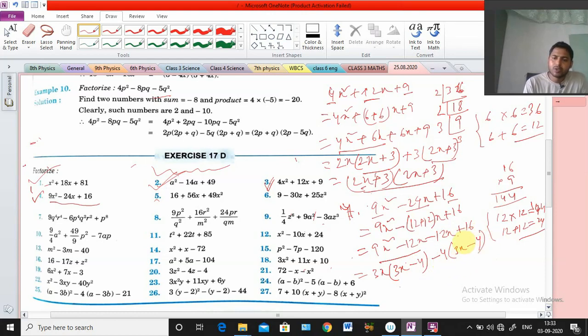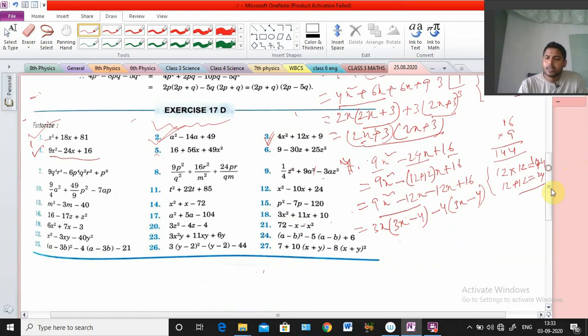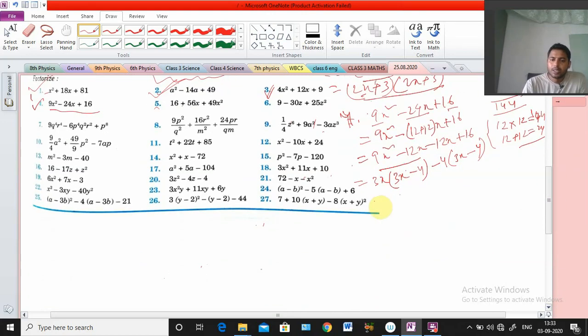Understood? Why minus? Because a minus sign was there, so we are taking minus 4 common. Taking minus common means another minus also comes inside, so minus into minus is plus. So that means 3x minus 4 and another 3x minus 4. Easy? I think a very easy question.